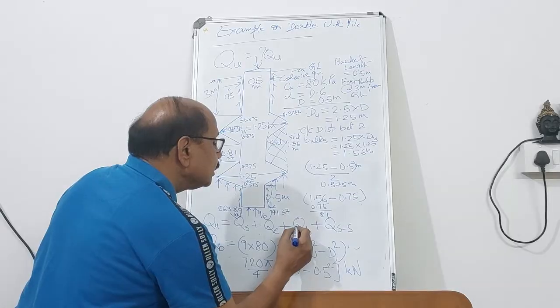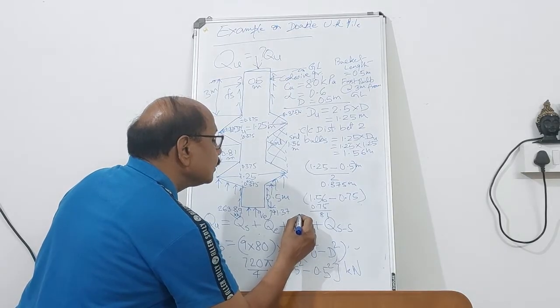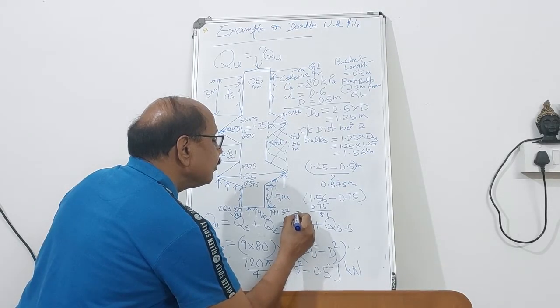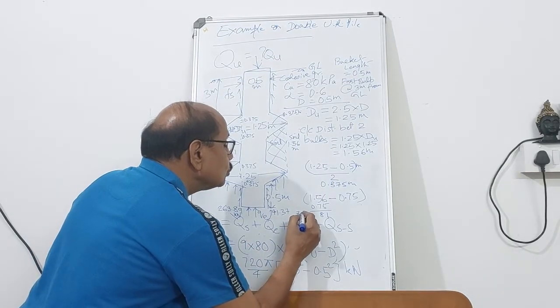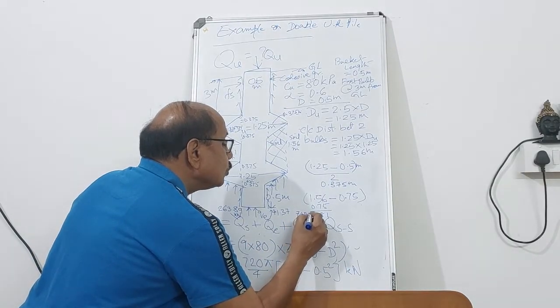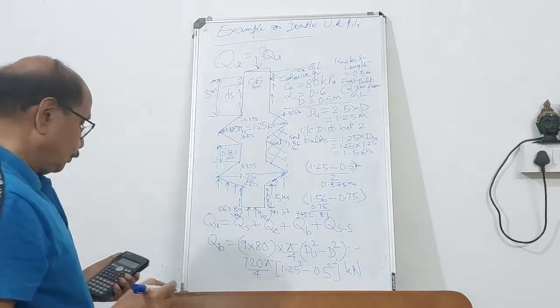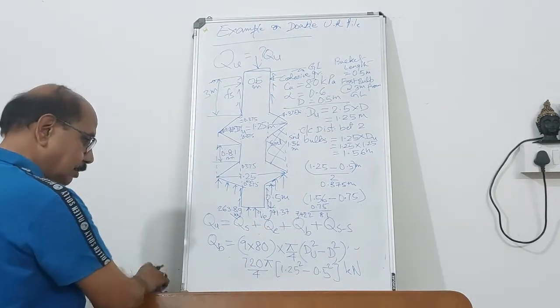So this is going to be 742.2. So this third part is over.